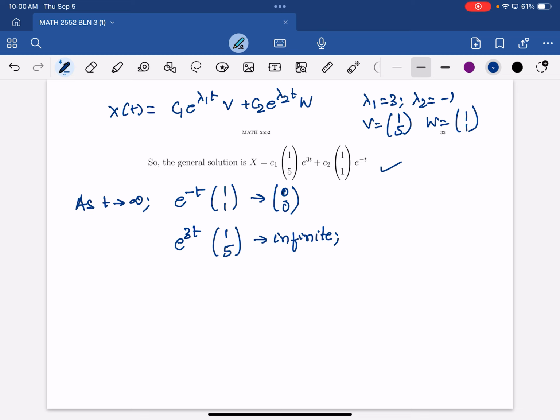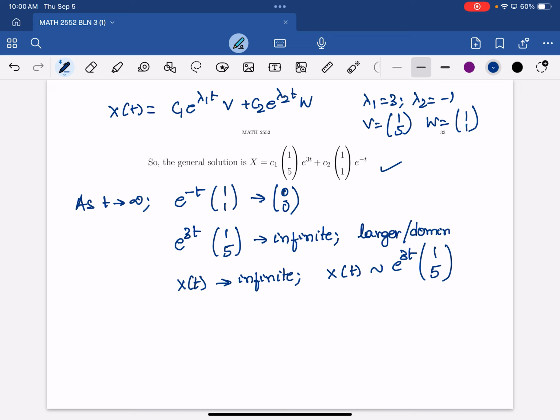So your solution x of t is also becoming infinite, and it is greatly influenced by e to the 3t times (1, 5) because that is the larger, dominating term. And this corresponds to the eigenvalue lambda equals 3. Agreed?